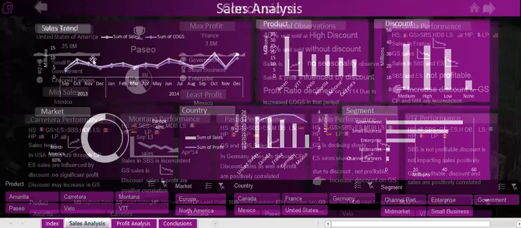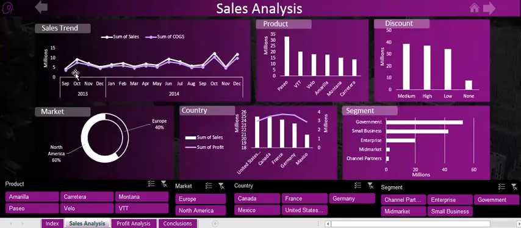Okay. In sales analysis, we can see we have only 15 months of data, and this is the plot. White color is sales, and this light violet is showing the trend of COGS.